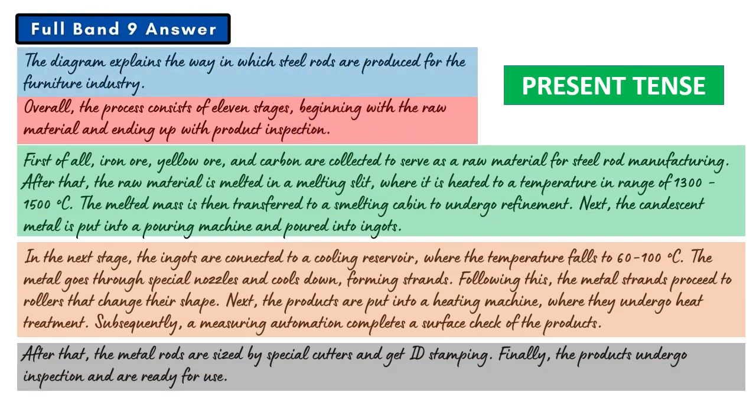And then as you can see, all these sentences in all paragraphs use present tense. And the total words here, the total is 197 words. The minimum total number is 150 for writing task 1. And this is 197. Very good number.